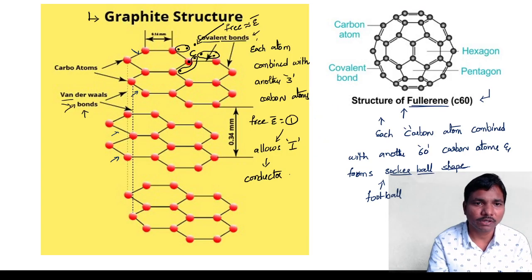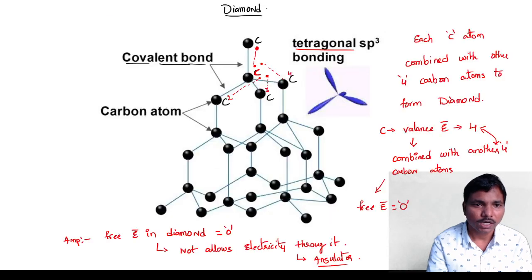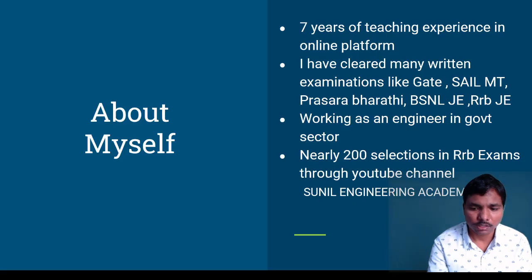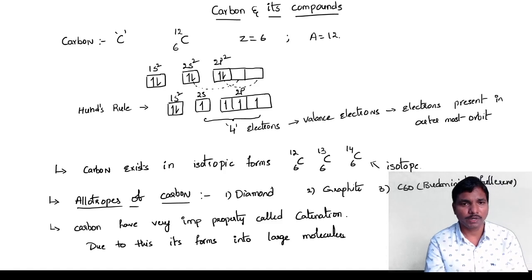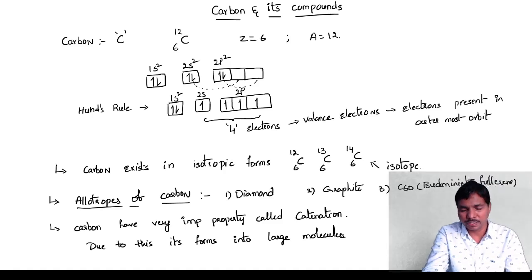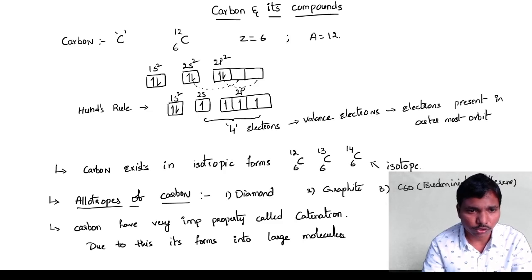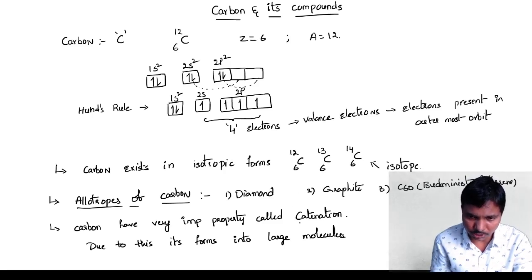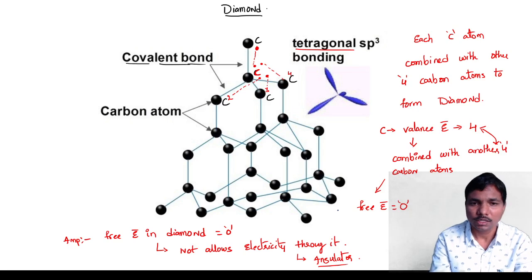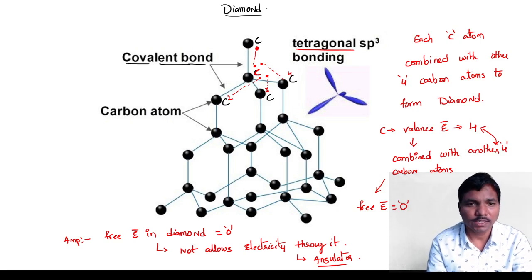Here, coming to the very important points: carbon, and the number of valence electrons in carbon is 4. The allotropes of carbon are diamond, graphite, and C60. Because of which property does it form large molecules? Because of the catenation property. That is a very important question. What bonds are present in diamond?